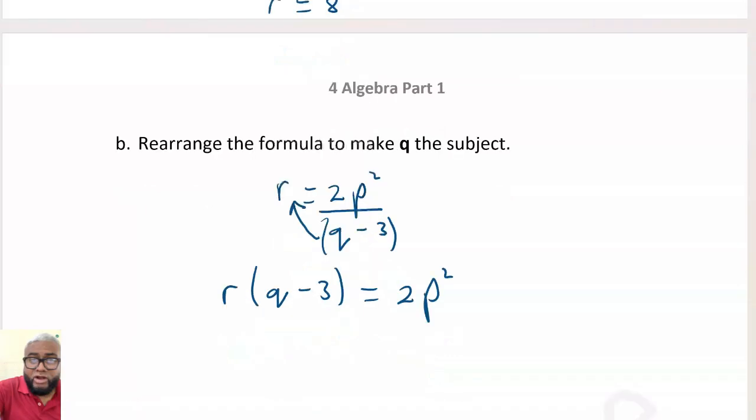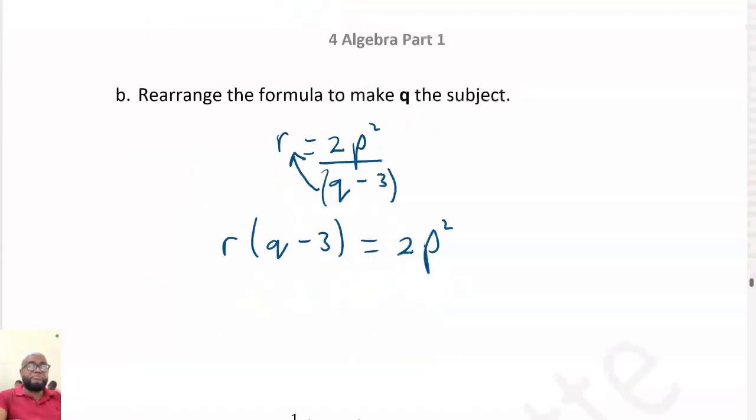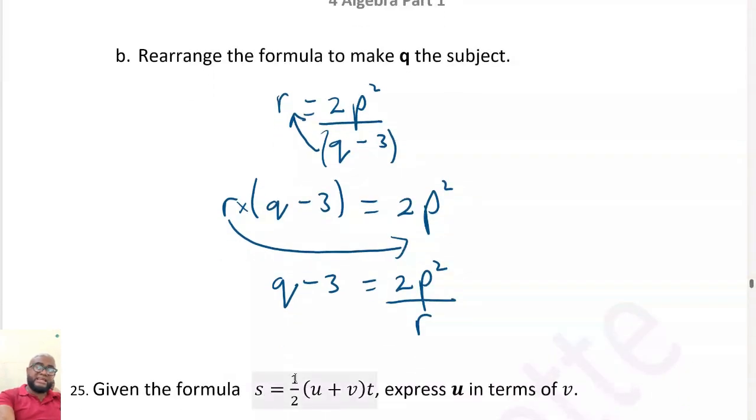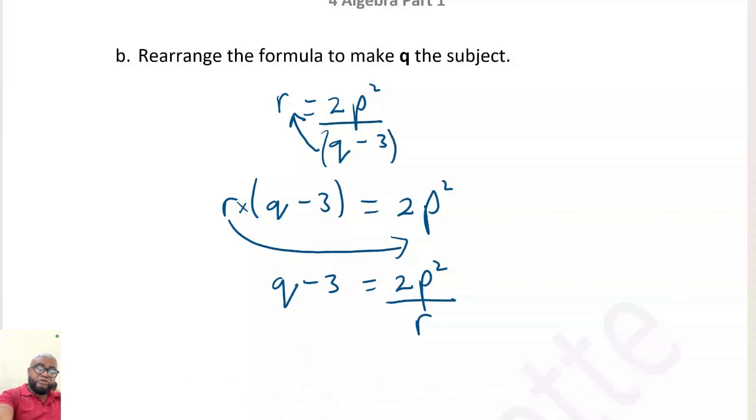So what I told you all is that R is holding what is in the brackets captive, right? So I need to take this R, carry it to this side, and what do I do with it if it's being multiplied here? What do I do with it on the next side? So I drop my brackets, you'll have Q minus 3 is equal to 2P squared all over R. And then what's the last thing I want to move if I need to make Q the subject here, my children?